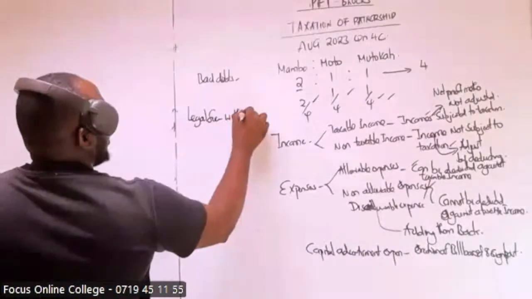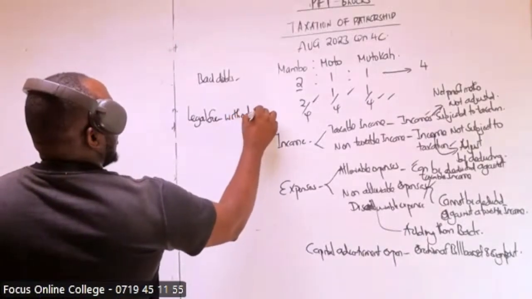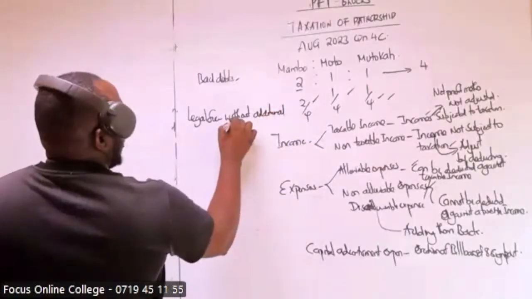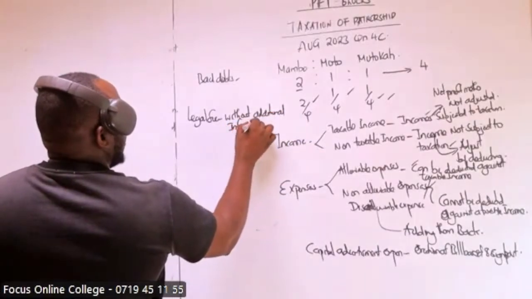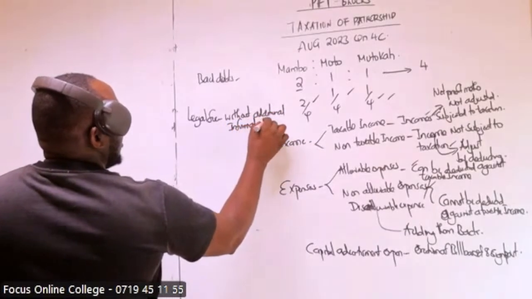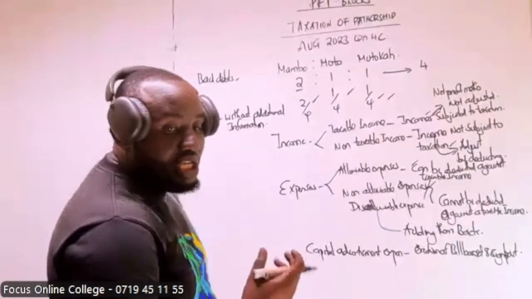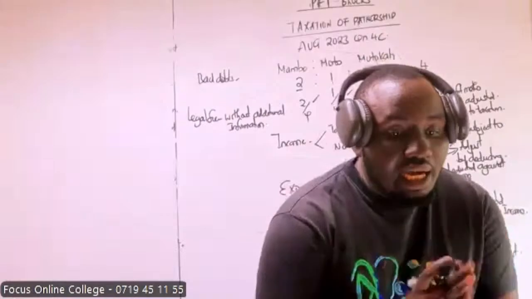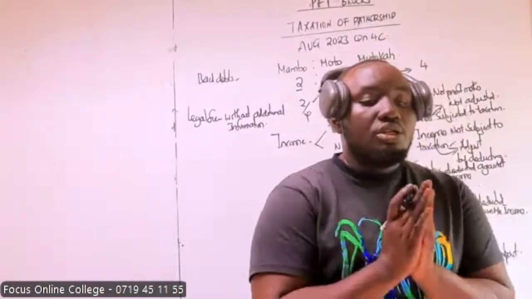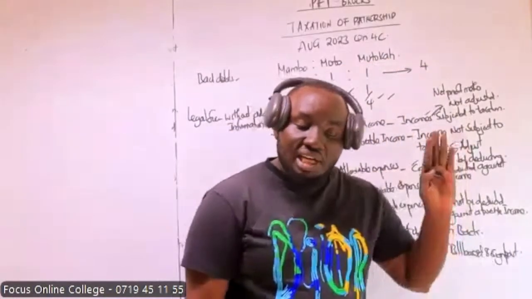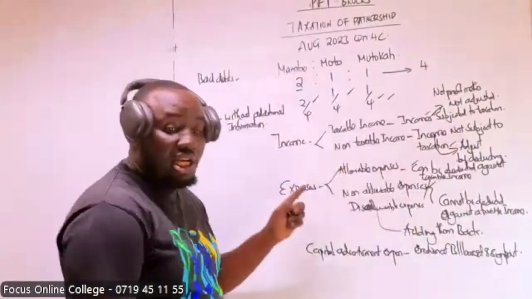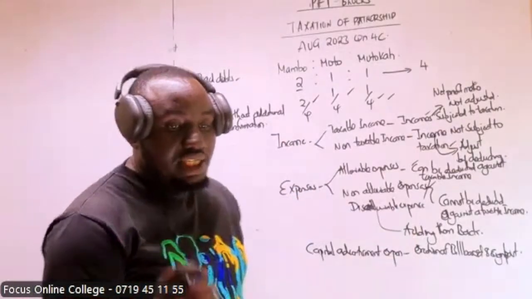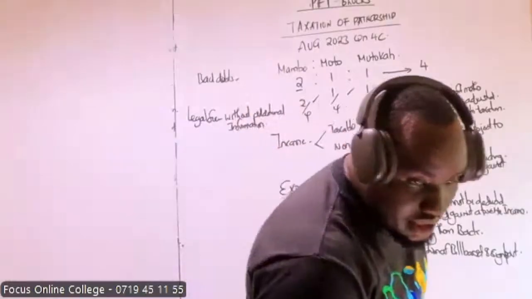If you have legal fees without additional information, that is outrightly an allowable legal fee. So if you have an exam and you're given a legal fee in the income statement and there's no additional information, then we are going to treat it as allowable expense. Are we together?